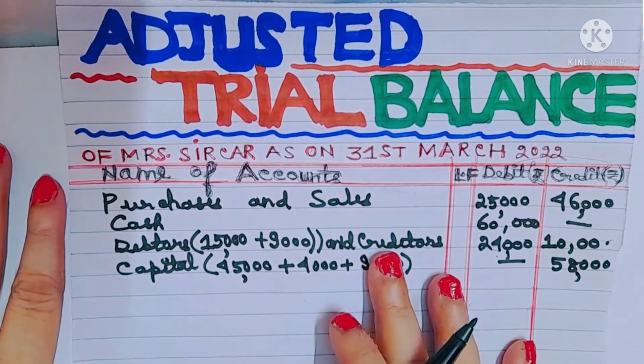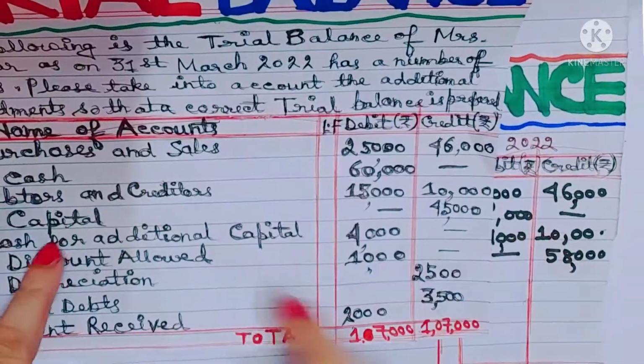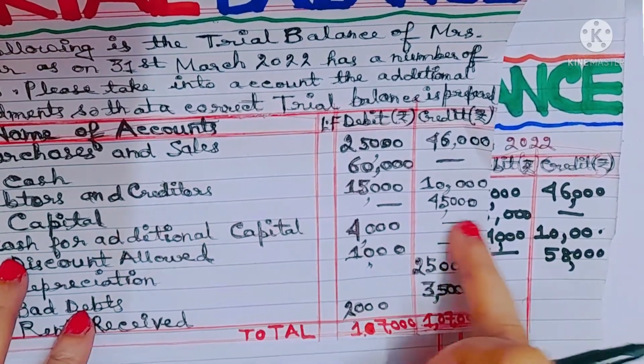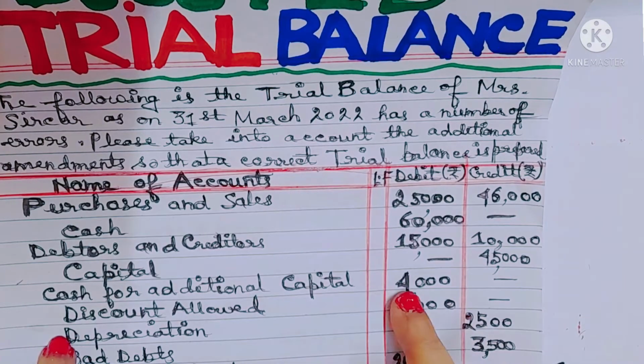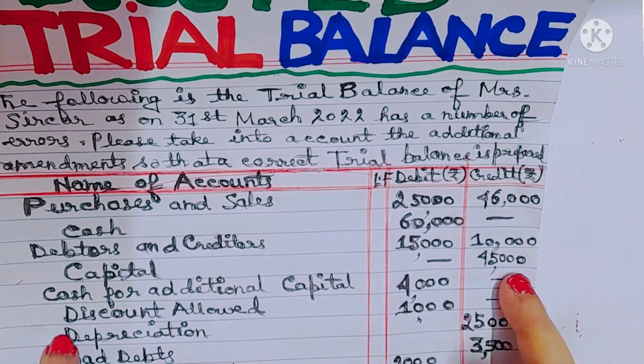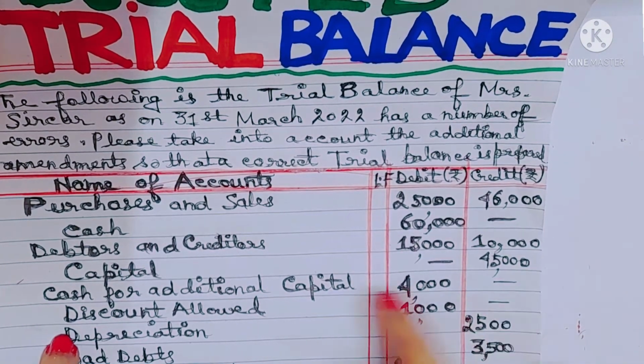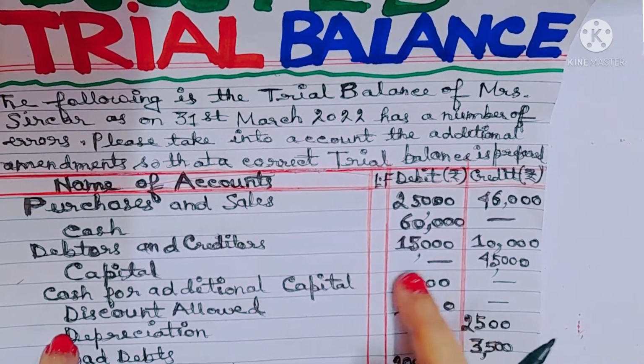Let me say it once more. See, capital was initially 45,000 and then additional capital 4,000, which should have been in the credit column, but by mistake they have written it in the debit column.